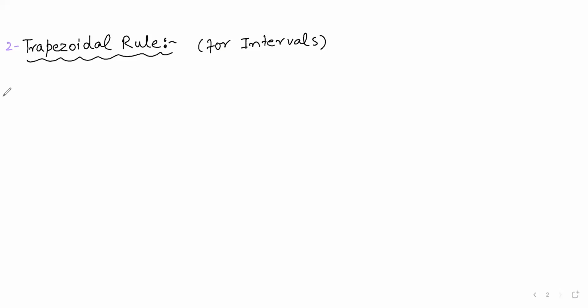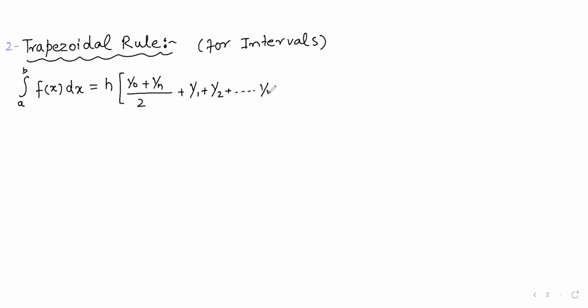The integral from a to b of f(x) dx will be equal to h into (y0 plus yn) divided by 2, plus y1 plus y2 until yn minus 1.